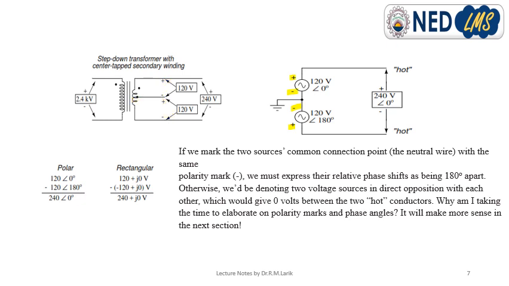To conclude this section: single phase power systems are defined by having an AC source with only one voltage waveform. A split phase power system is one with multiple in-phase AC voltage sources connected in series, delivering power to loads at more than one voltage, with more than two wires.